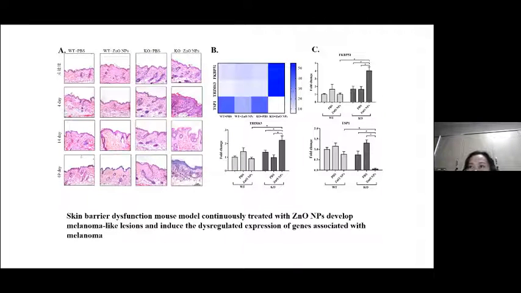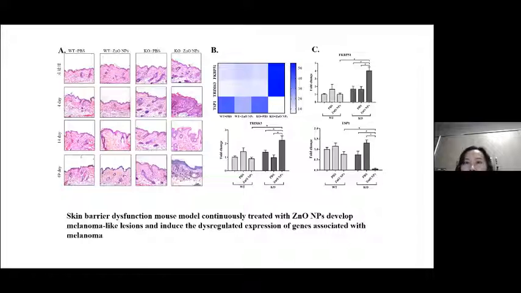We can see the epidermis layer has changed. And when treatment continued for 7 weeks, in the dermis layer we can see some pigment granules. And we want to know what happened to the skin when exposed to zinc oxide nanoparticles.